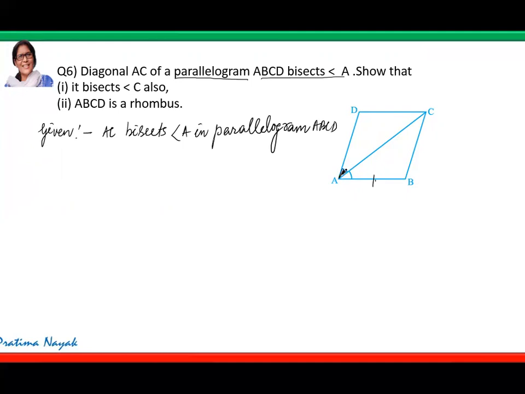That means angle DAC is equal to angle BAC. These two angles are equal. This is the meaning of bisect. And we need to prove.